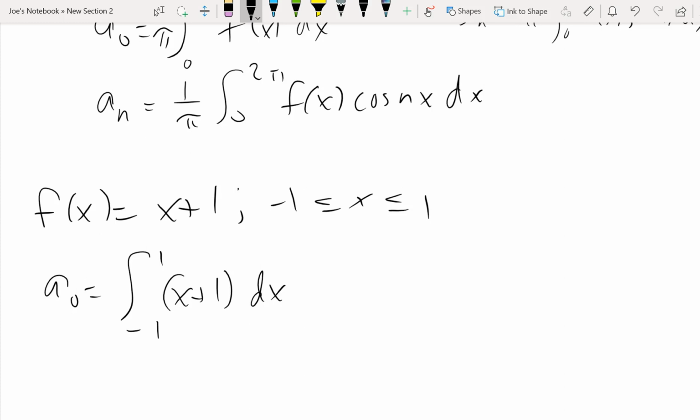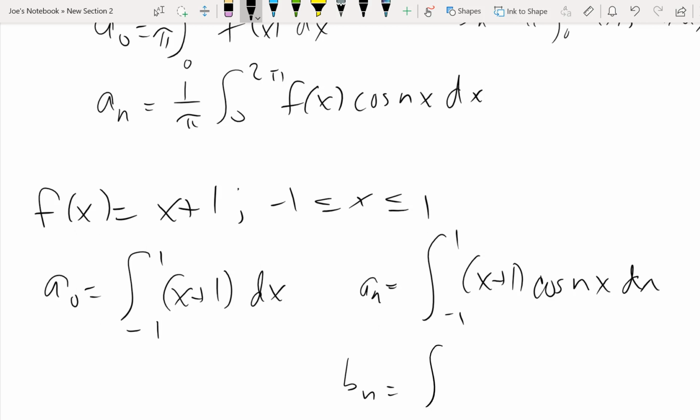Turns out to be 2. So I actually did this before I came to class. So if I don't get 2 when I type it in GeoGebra, I did it wrong. All right. So then your ANs will be integral from -1 to 1 of x plus 1 cosine of nx dx. And your BNs will be integral from -1 to 1 of x plus 1 sine of nx dx.